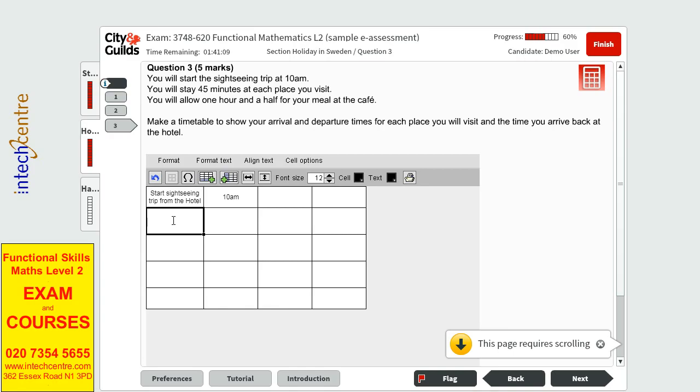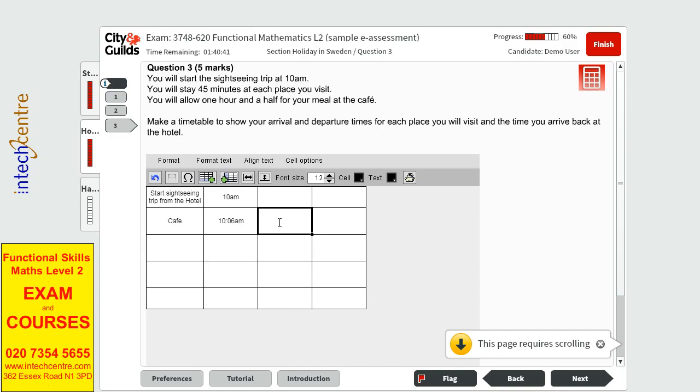So from the hotel to the cafe, we said it will take 6 minutes. So at 10:06 you will be at the cafe, and then you will stay 45 minutes there.